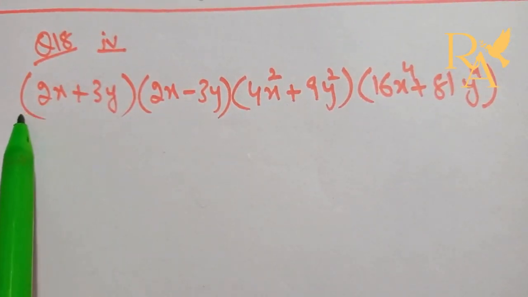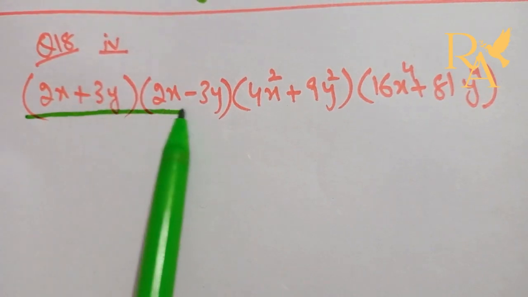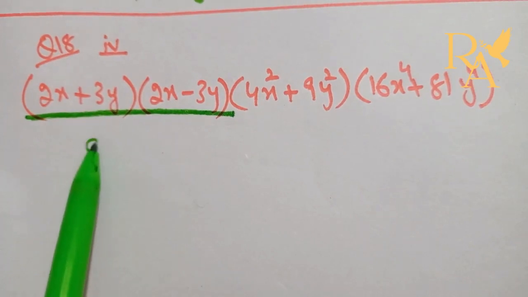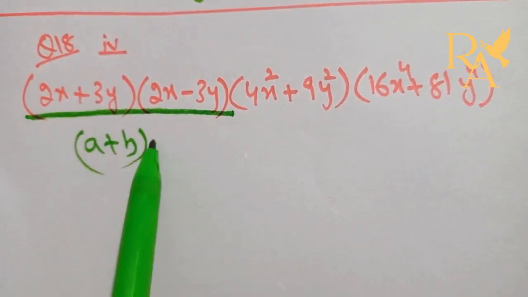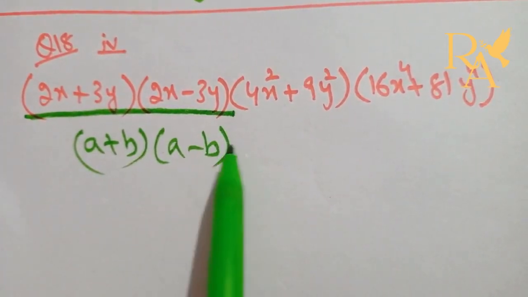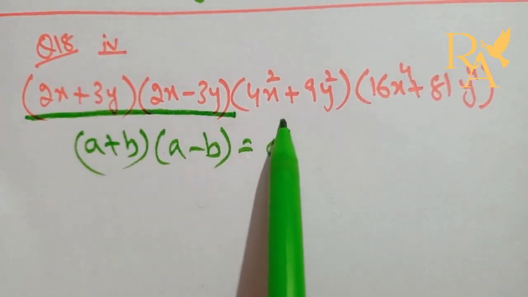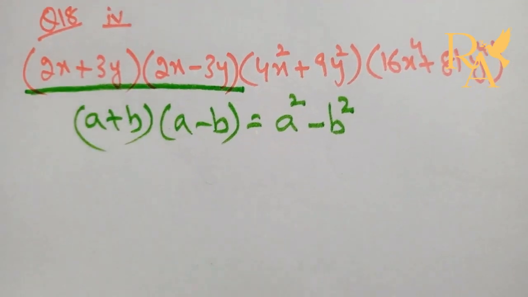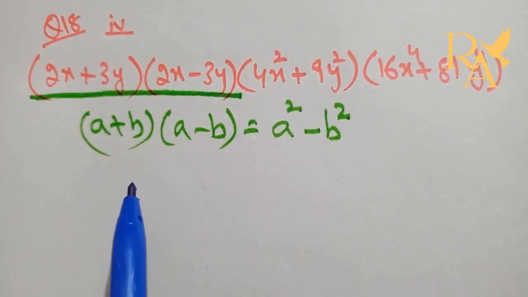For solving this section, we are using the formula (a + b)(a − b) = a² − b². The value of a is 2x and the value of b is 3y.